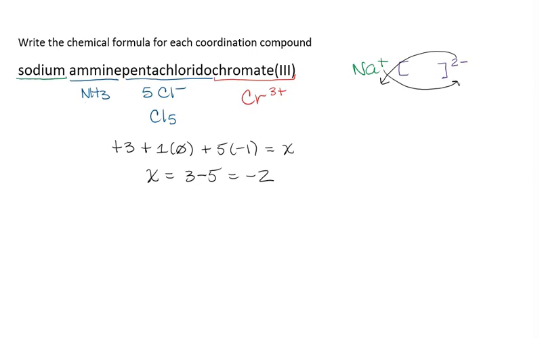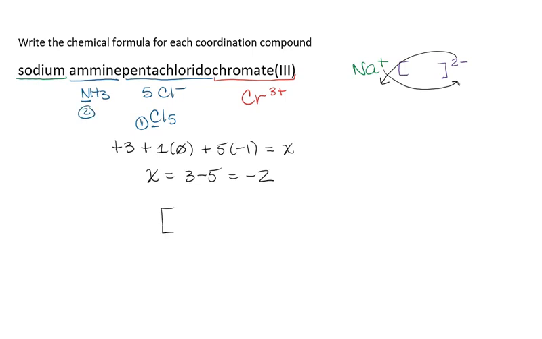So to write the formula for the complex, I will start with the chromium, and then the ligands will go in alphabetical order according to their symbols. I have an N and I have a C. So the chlorides will go first, followed by the NH3.